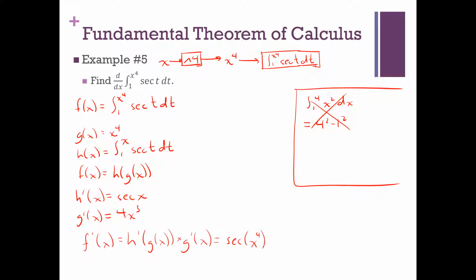Maybe the thing you were tempted to do all along, mechanically, is just plug in whatever that upper limit is for our variable t and we're home. But then we have to multiply that by 4x cubed.